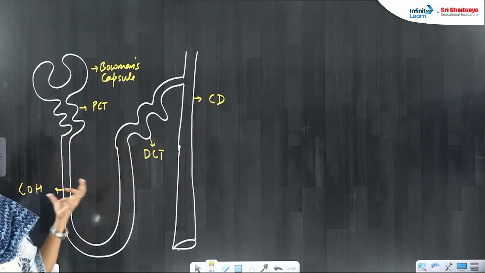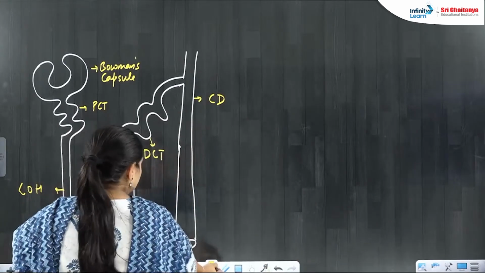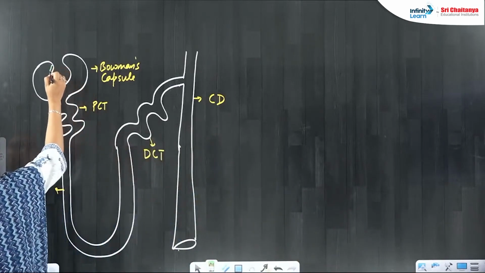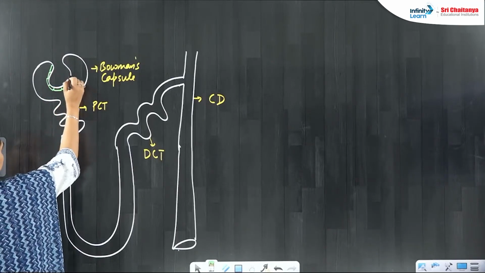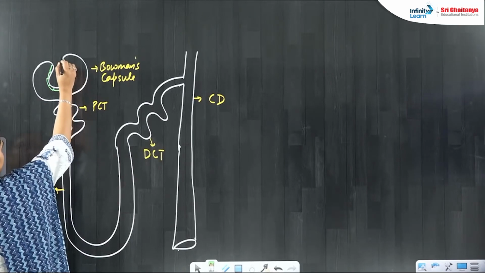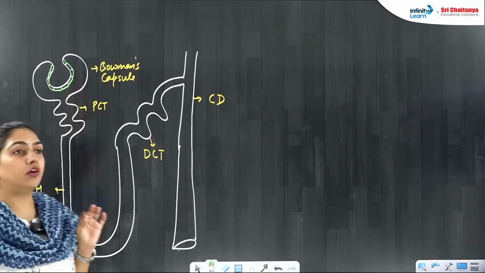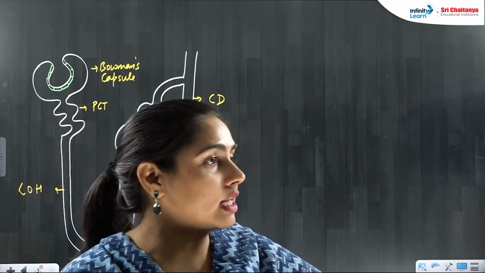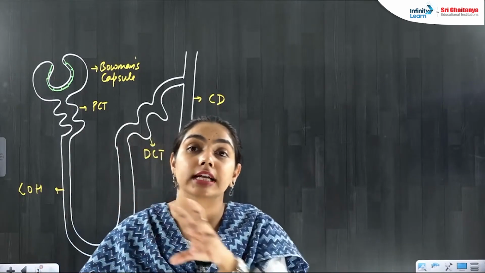If somebody asks where simple squamous epithelium is present, you can tell it is lining the Bowman's capsule like this. Filtration of blood occurs here, so it forms the filtration membrane.